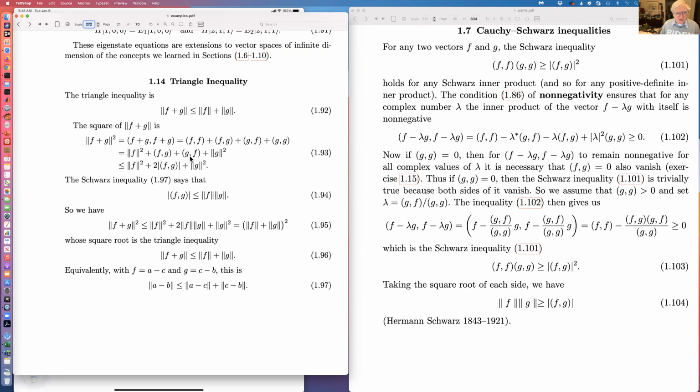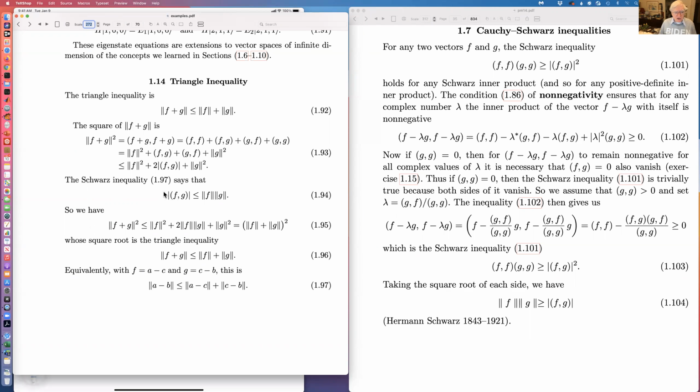And so if you add the two together, if they're both real and positive, you just get that the sum of the two is twice the inner product of F with G. But if they're complex or negative, then it's actually less than twice the absolute value of the inner product of F with G.